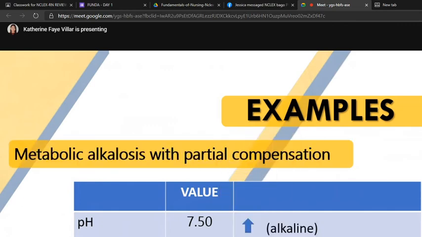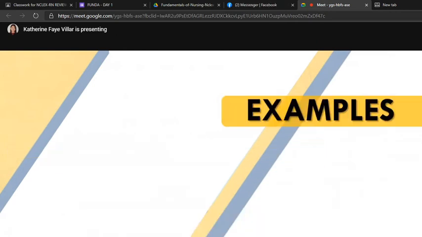Partial compensation pa din po siya. Ayun. Okay.